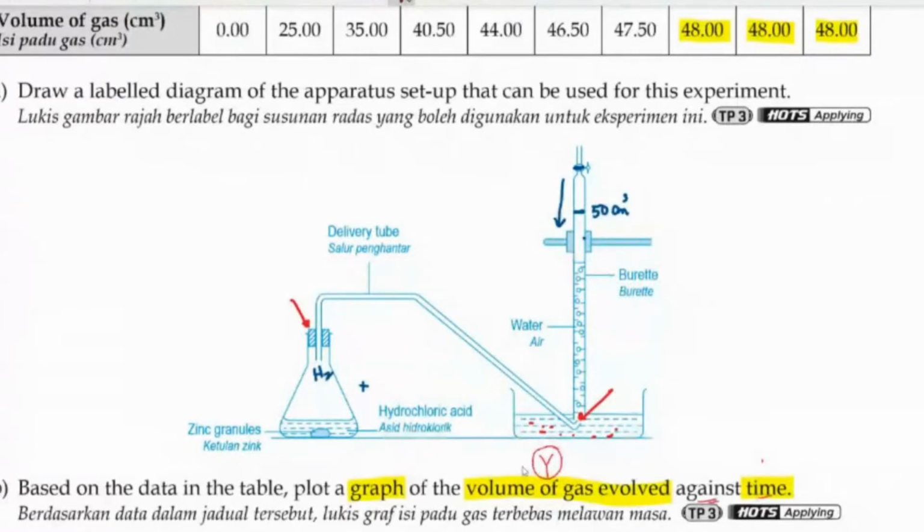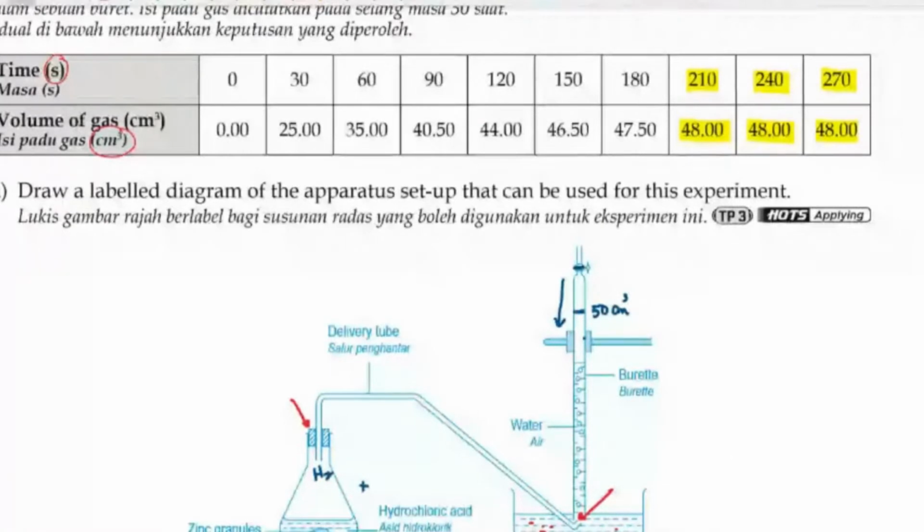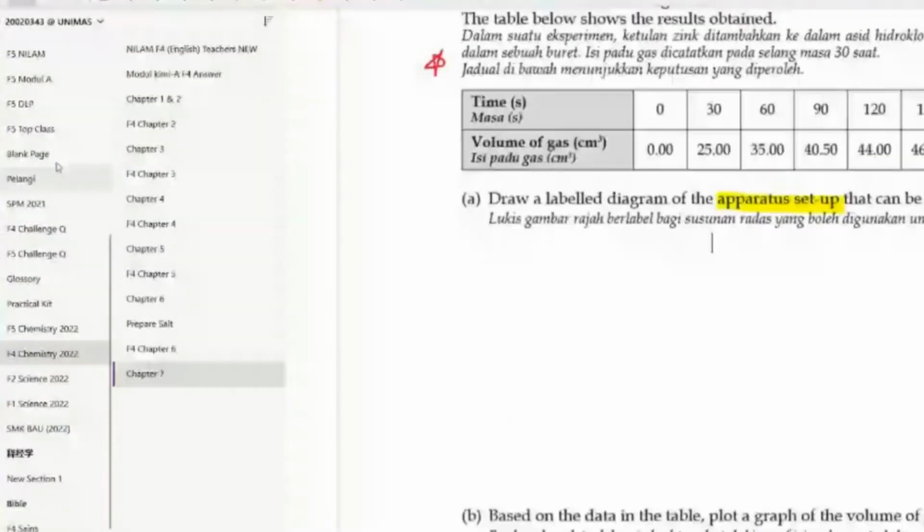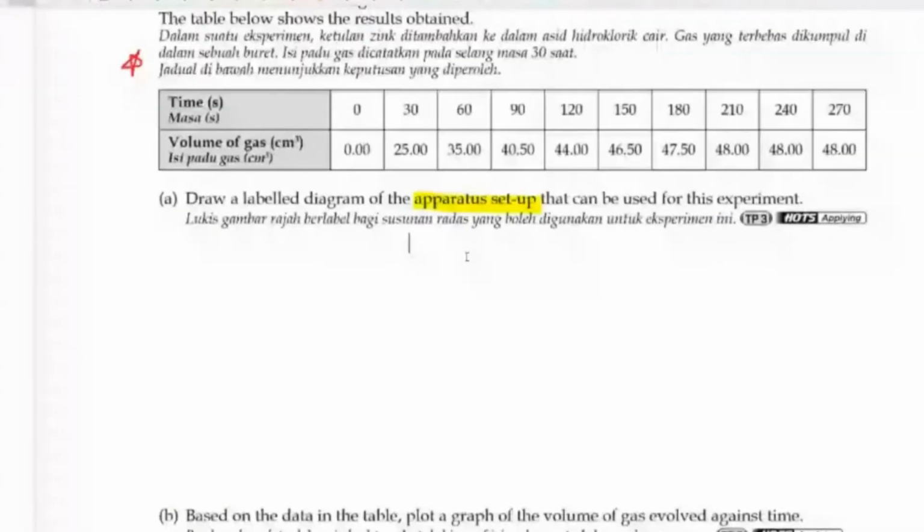Against time. So this one is the x-axis. Okay, then the unit must be put correctly. Volume will be cubic centimeter. Time, seconds. Okay, so now I demonstrate to you how to draw this graph based on the data given.